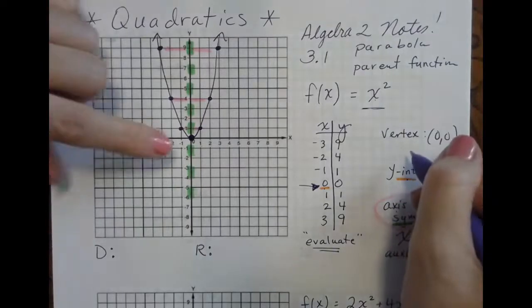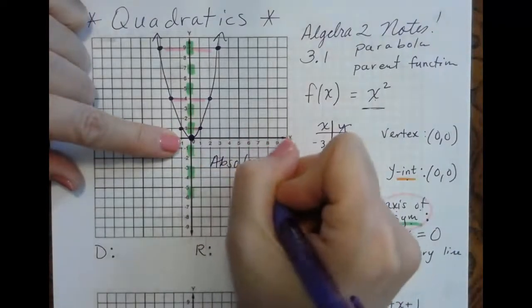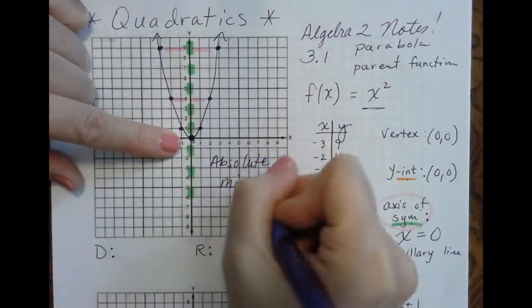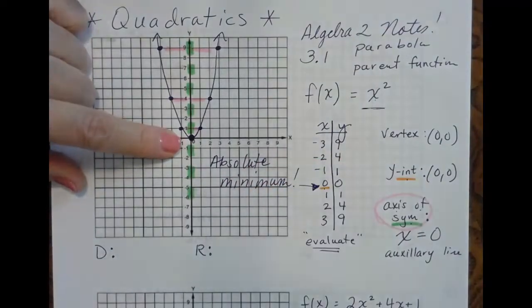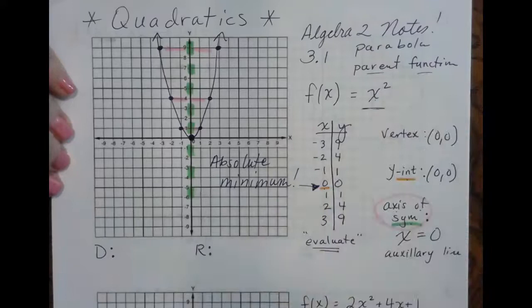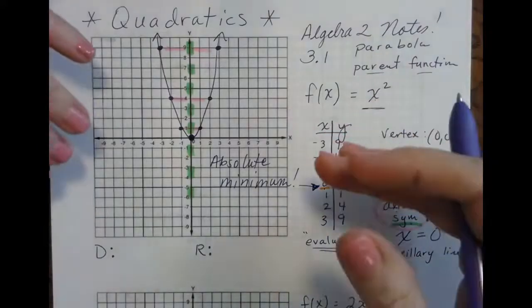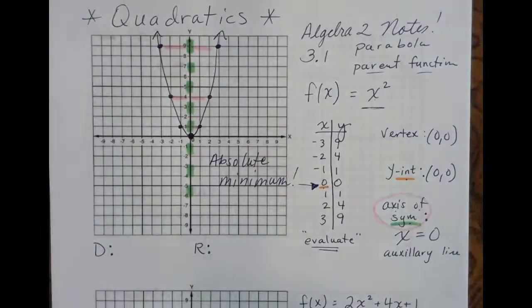And notice also our vertex is our absolute minimum point. It's the lowest point. It is the minimum point. So we'll be talking about that again more. Once again, this is the parent function. This is the simplest parabola, the simplest quadratic function that we can graph. So we're going to be going from there.